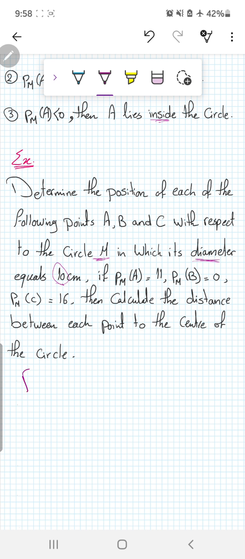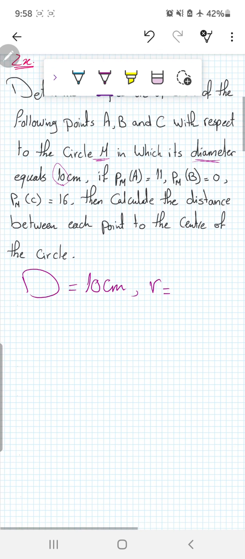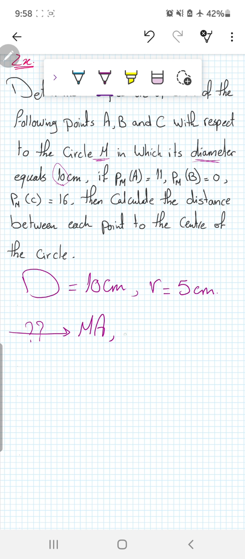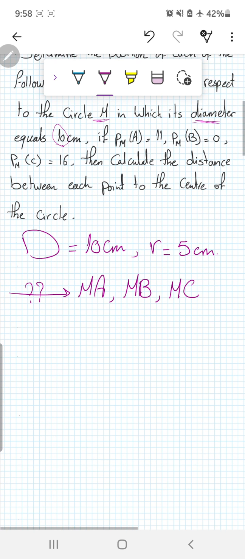First, the diameter equals 10 centimeters, so its radius equals 10 divided by 2, which is 5 centimeters. Here we want to get the distance between each point and the center, so we want to get MA, MB, and MC.